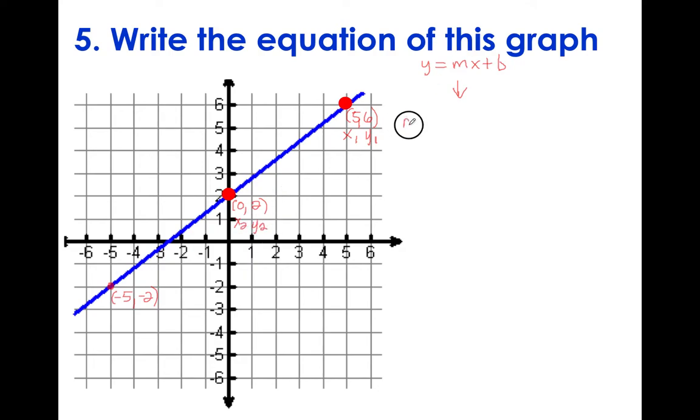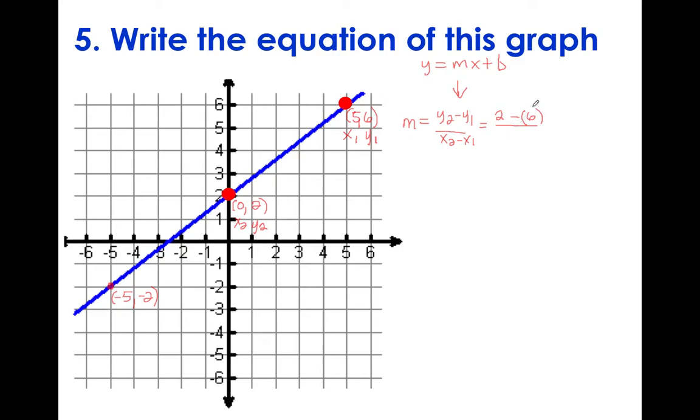So when I plug them into the formula, that means I'm plugging in 2 minus 6 over, and I tend to put the second point in parentheses. The reason I put it in parentheses is because if I have a negative coordinate, a lot of times students tend to forget that a negative minus a negative gives me a positive answer.